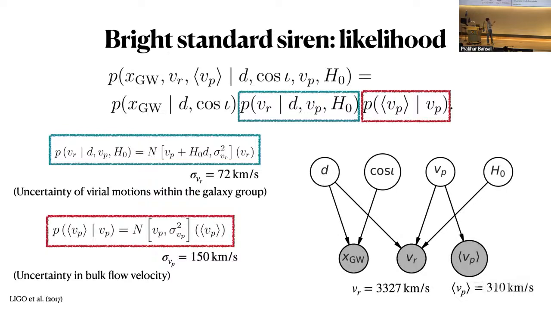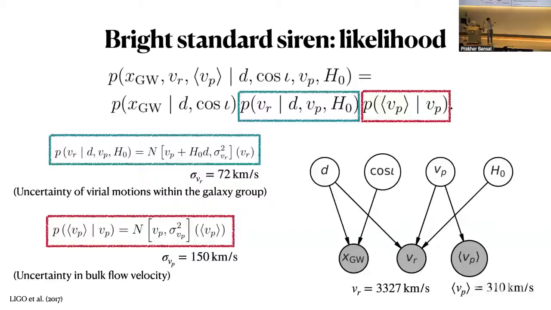And we assume that it's normally distributed, given by a Gaussian distribution around the true recessional velocity, which is going to be the peculiar velocity plus, and this is a linear approximation because this is a very low distance, low redshift galaxy, so its true Hubble redshift is approximately just H naught times the distance.